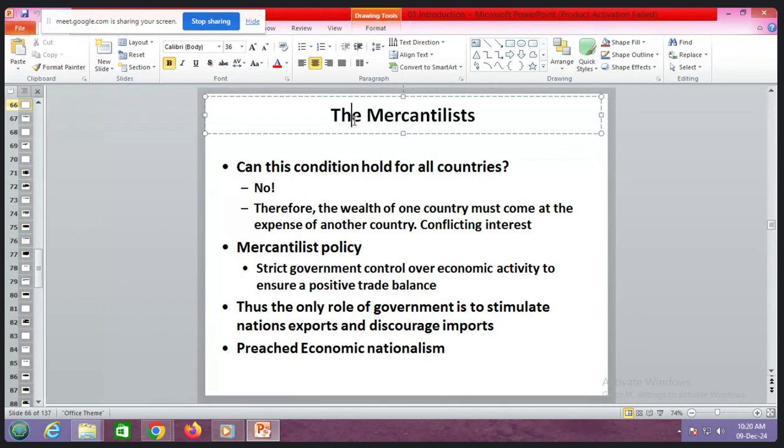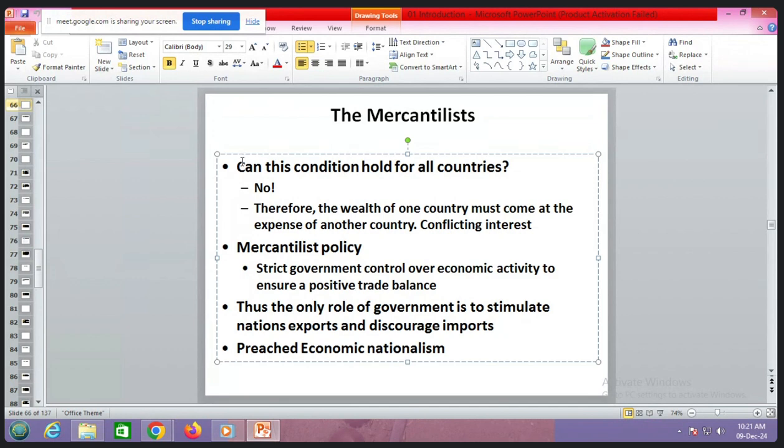So now comes the rational question. Mercantilists say that all countries should export more than they import. The logical question that comes here is, can this condition hold for all the countries? The answer definitely is no. Because the wealth of one country has to come from some other country.